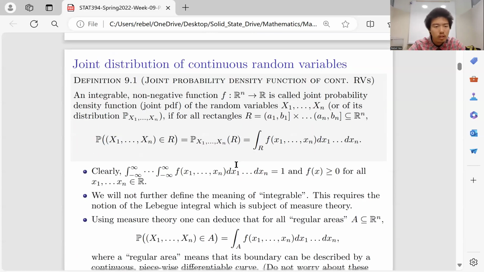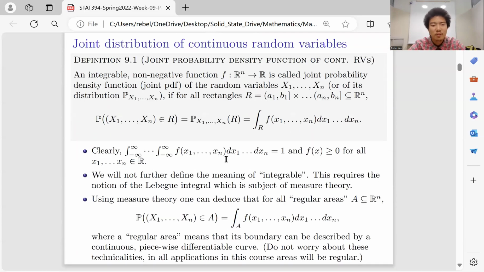Now let's go to a more rigorous definition, using a formula to calculate the joint distribution function. The first definition means that all of the random variables x1 to xn are in a certain range, like a rectangle. In n dimensions it is an n-dimensional rectangle, but still a rectangle.